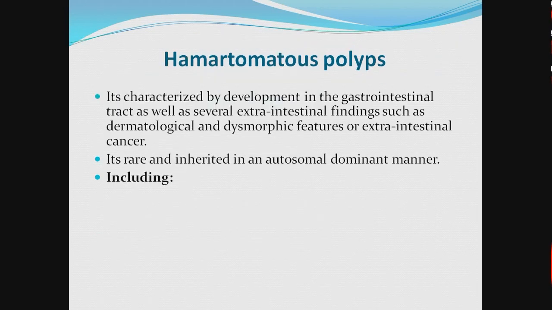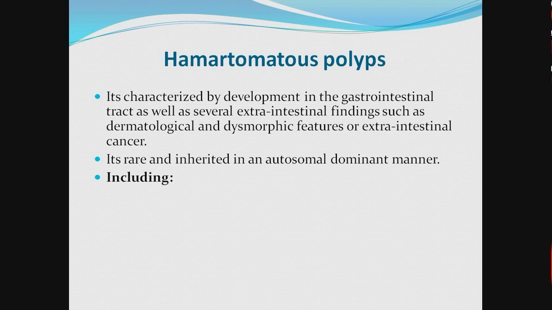Now the fourth type of hereditary CRC, which is called Hamartomatous polyposis. This is, as we said before, a very rare type of CRC, but it happens. Actually this term, Hamartomatous polyposis, is a collection of different types of diseases. It is not one disease.